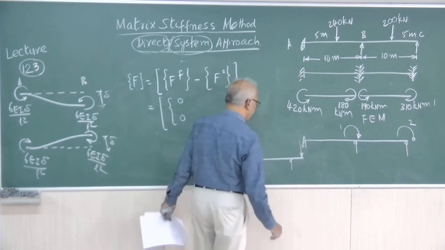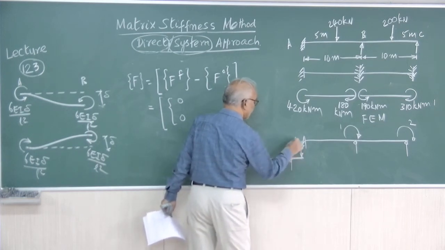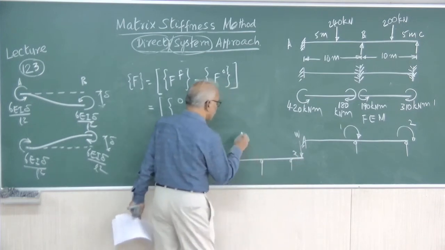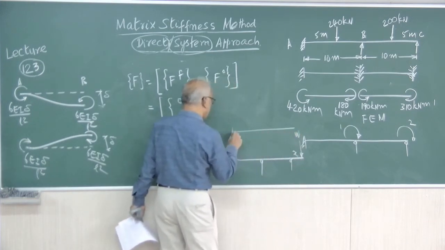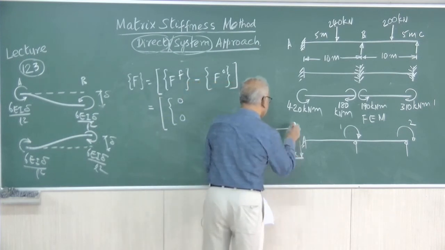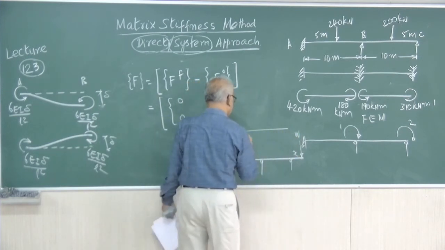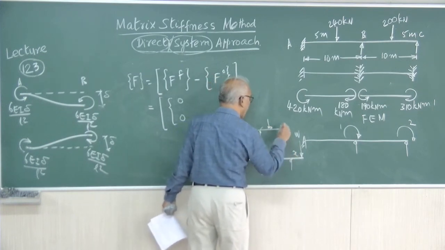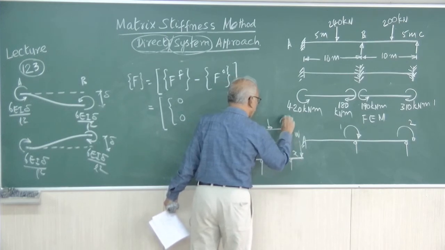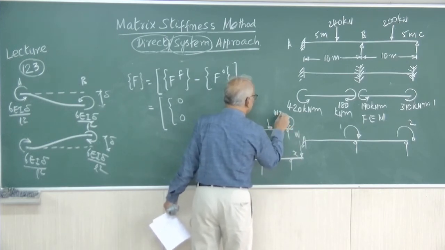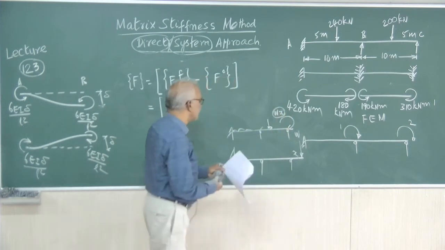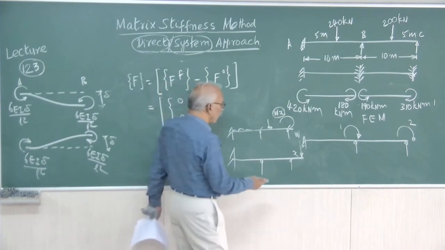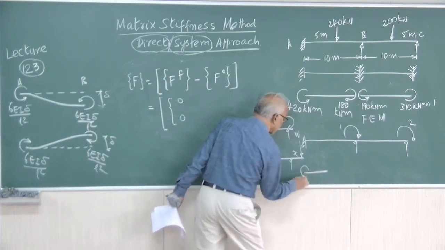So this will cause W into X. This is equivalent to the external force moved up to this support, and it will cause a clockwise moment of W into X at this support. So this is clockwise, but in the overhanging part, this is anti-clockwise.